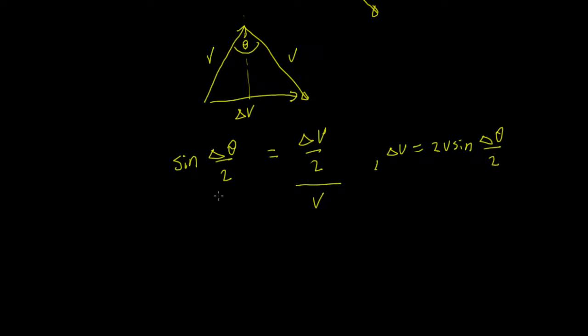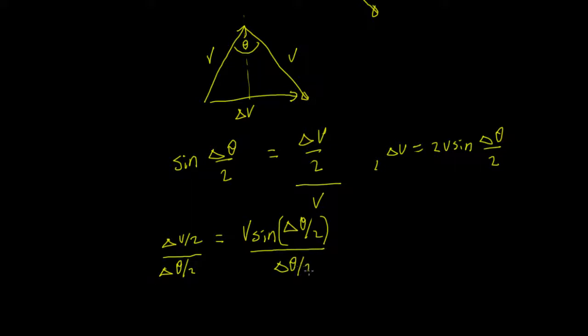If we take that 2 back down, then delta v upon 2 is going to equal v sine delta theta upon 2. Now if I divide the whole thing out by delta theta upon 2.